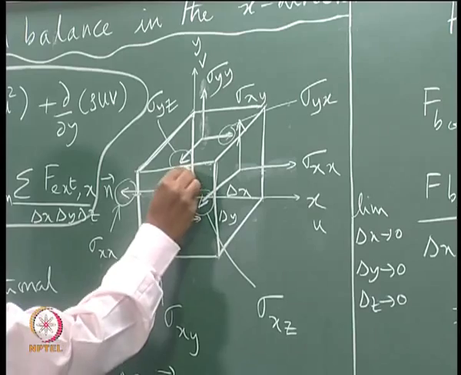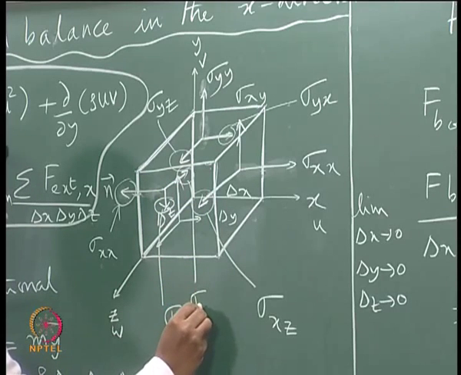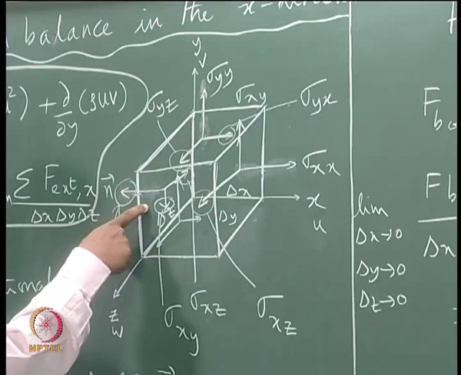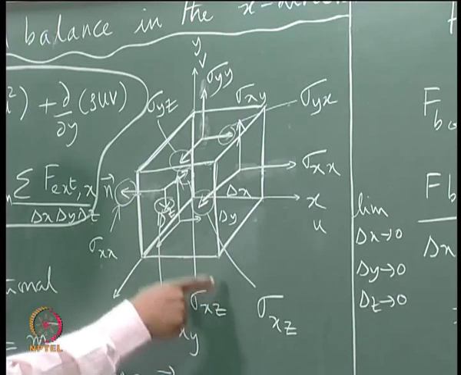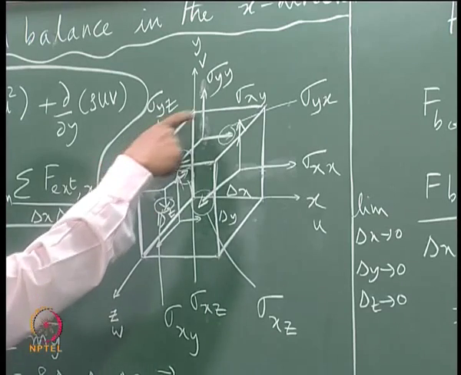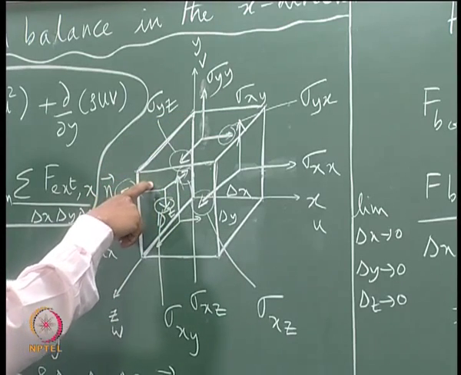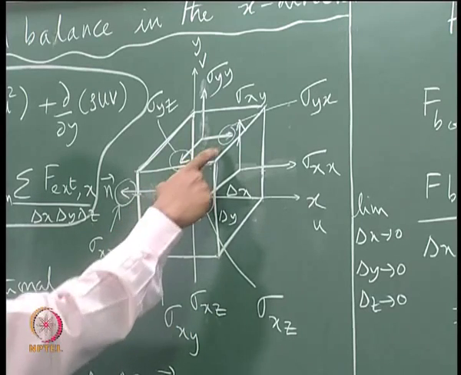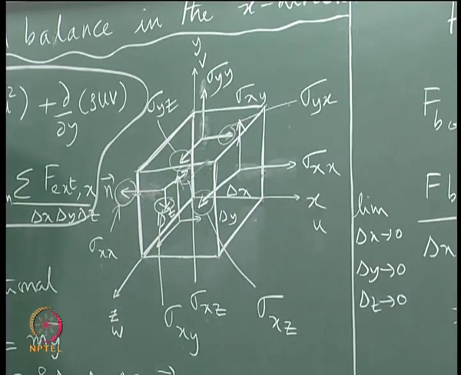So this is sigma xz, x indicating the face on which it is acting and z indicating the direction in which it is acting, but for this particular control volume this is a negative face, so this is acting in the negative z direction, and this is acting in the negative y direction.